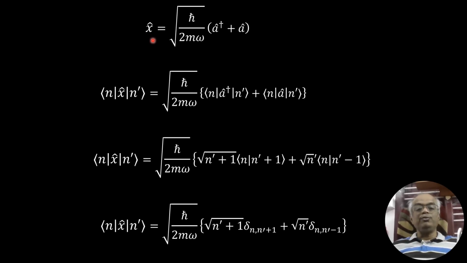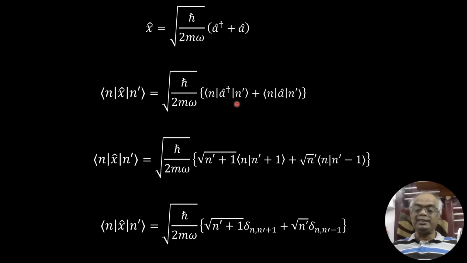So now we got the operator x equal to square root of h cross over 2m omega, times a dagger plus a. Now take the inner product, the expectation value of x, with n and n prime. Taking the square root of h cross over 2m omega as common, this can be separated into two inner products: one is ⟨n|a dagger|n′⟩, the second one is ⟨n|a|n′⟩.